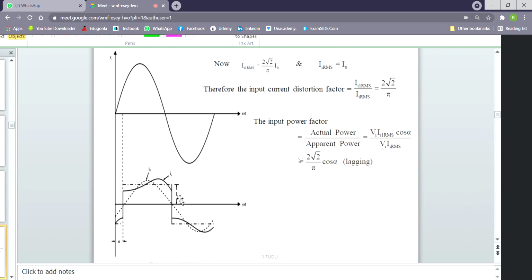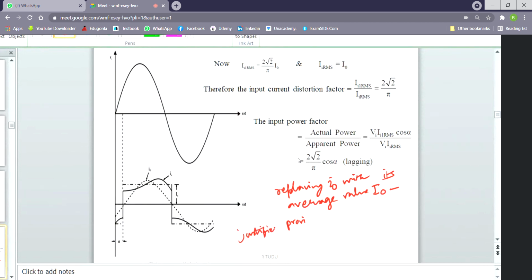So we have achieved a significant simplification by replacing I0 with its average value, capital I0.